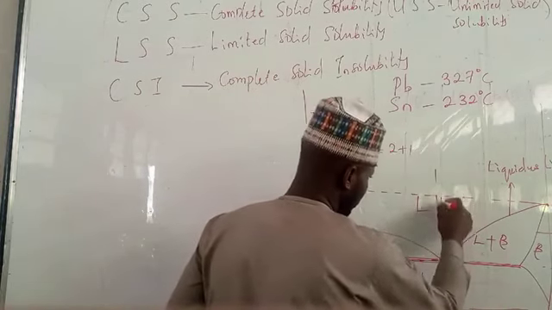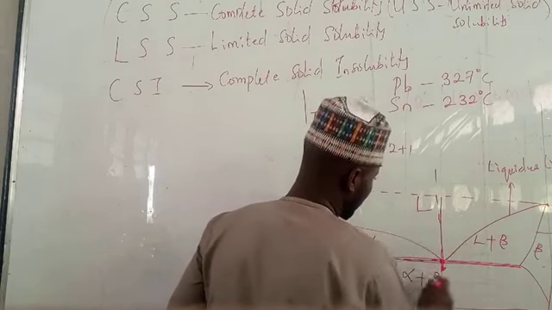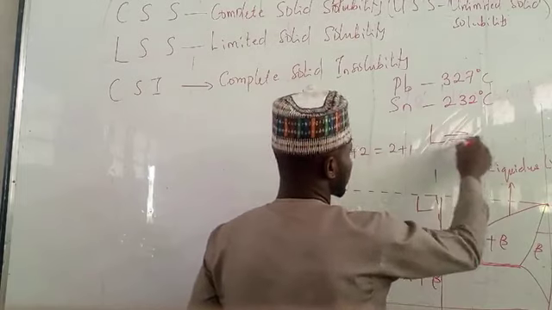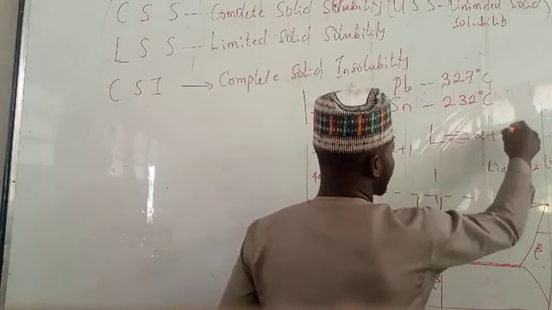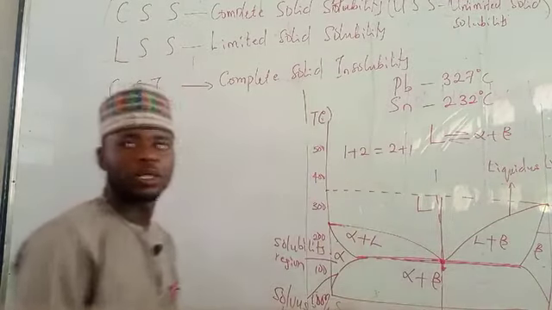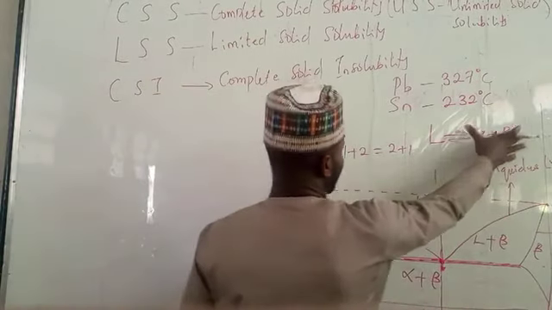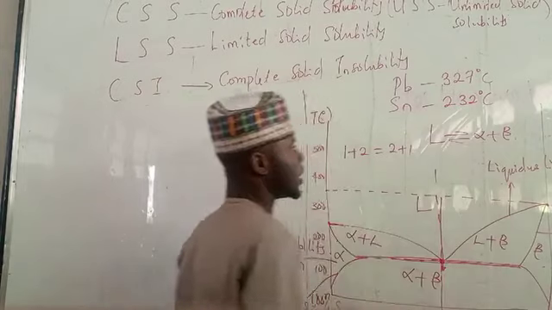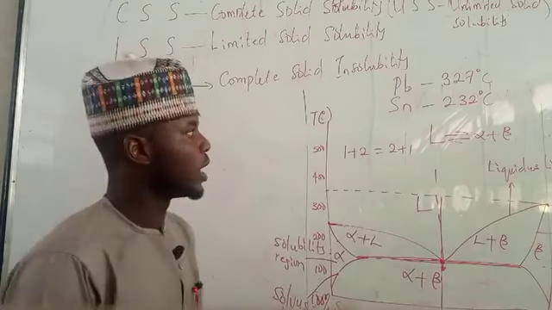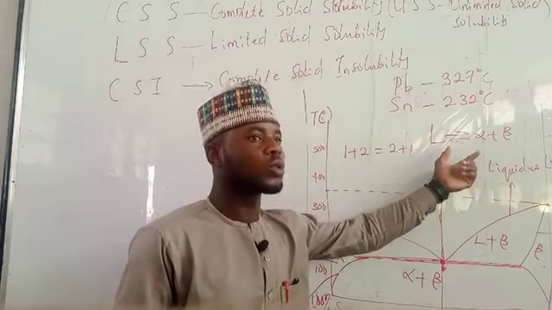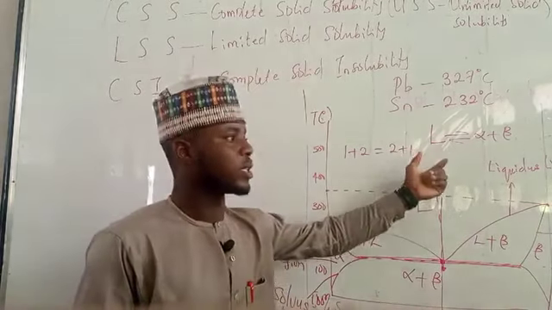When you follow this point, you are going to have a transformation of this form: liquid transforming into alpha plus beta, a two-phase solid region. This type of transformation is called a eutectic transformation. Any transformation that involves liquid being transformed into two solid phases, we call a eutectic transformation.